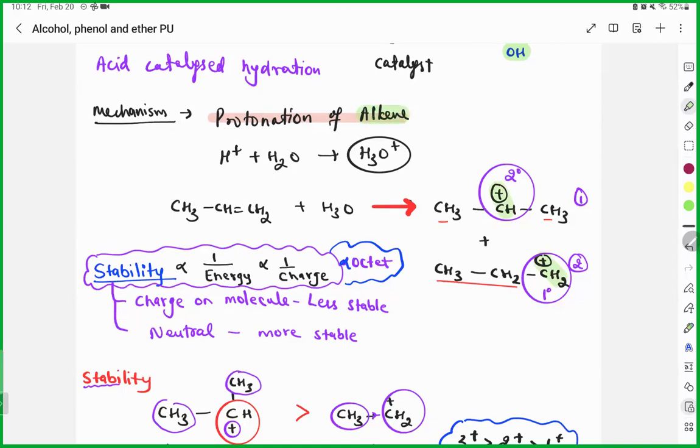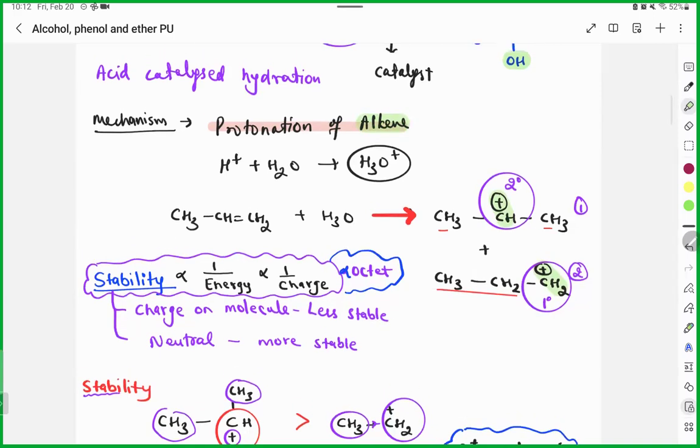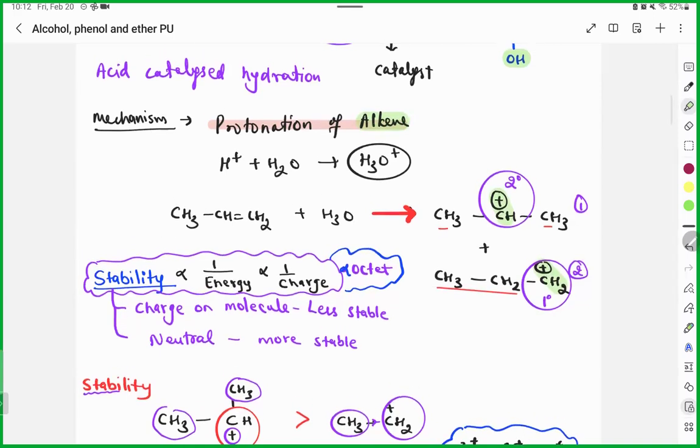Secondary carbocation is more stable than the primary one. And if you have to choose among these two, then definitely you know secondary is more stable. Secondary carbocation is more stable. That's why first one will be preferred. First one will be preferred because of the stability.